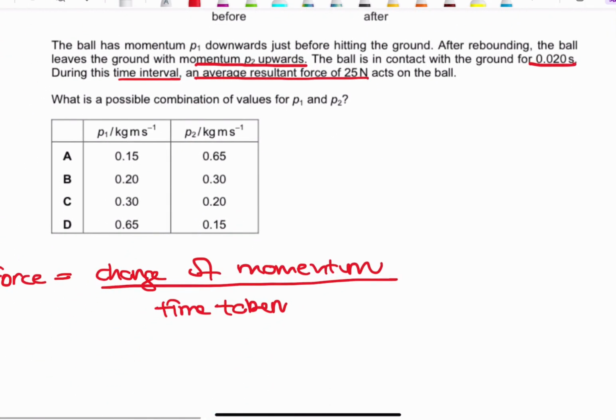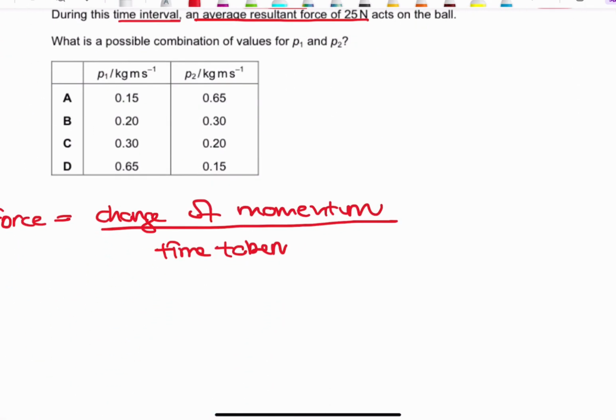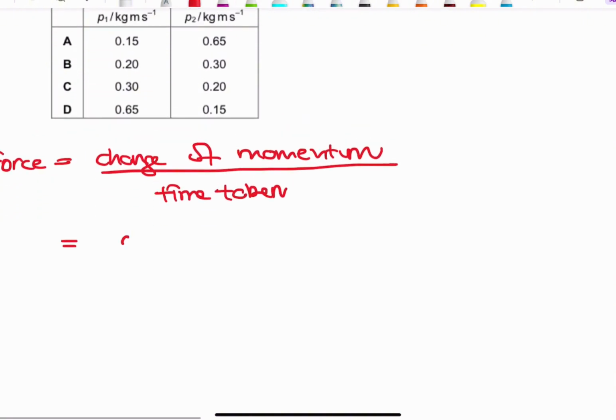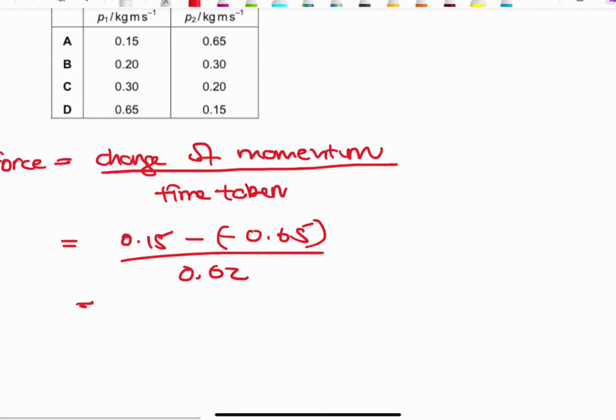So let's start with D. We have 0.65 downwards, so we know that the change of momentum will be the final momentum, 0.15, minus the initial momentum, 0.65, divided by 0.02. That's going to give us about 40 newtons.